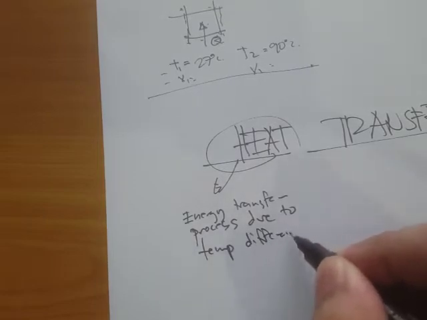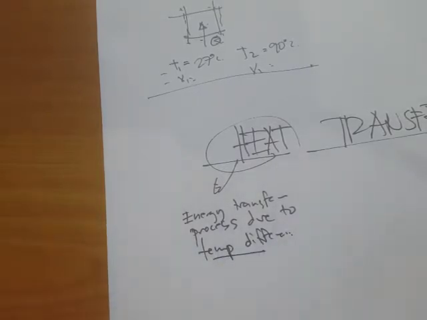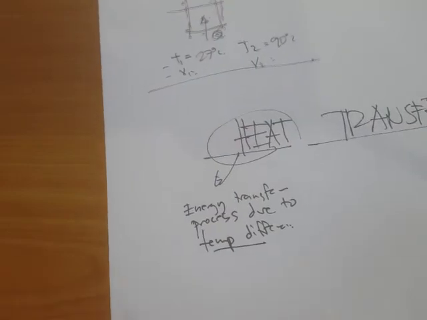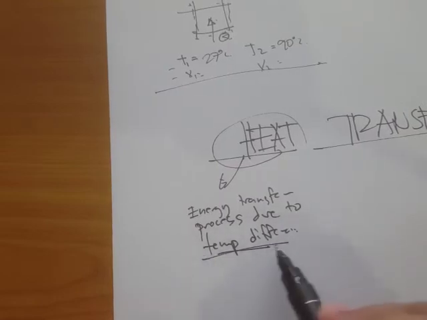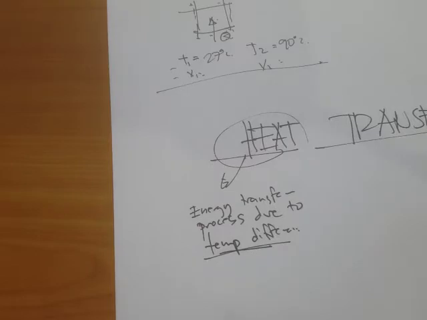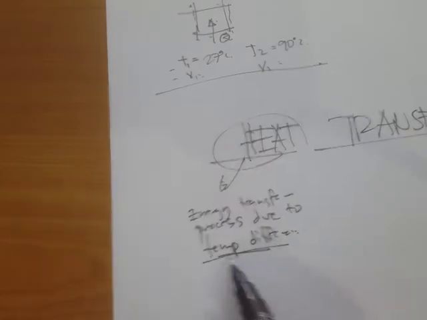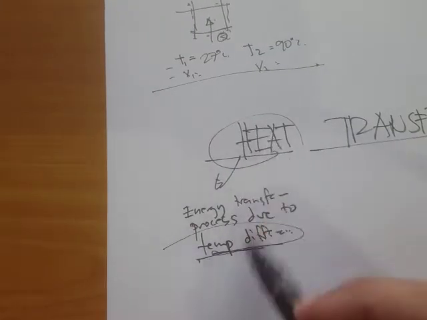Whenever there's a temperature difference between two points, whether it's two points in the wall of a structure or whatever, any temperature difference, there's going to be transformation of energy due to temperature difference, and that is heat.